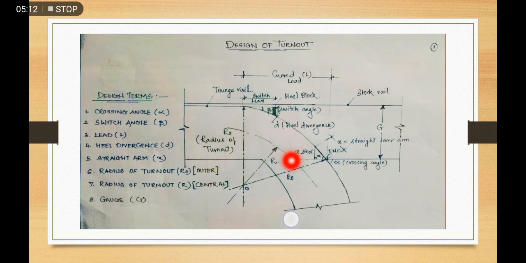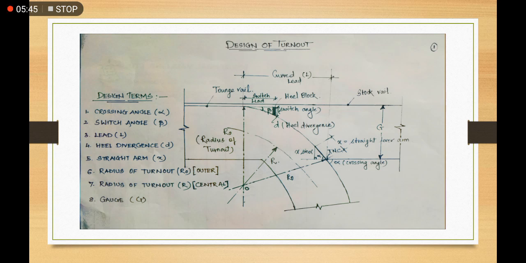The radius subtended by this arc is denoted by R, which is the radius of central curve. And last one is the gauge length. That is the inner face distance between the two rails, and that depends upon the type of track, that is broad gauge, meter gauge and narrow gauge. So this is the brief explanation of the turnout.